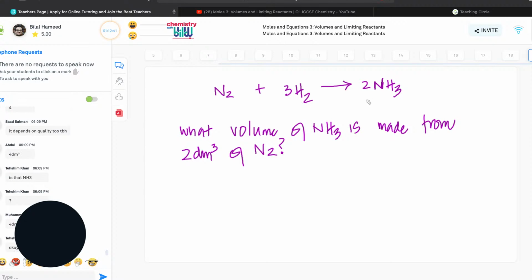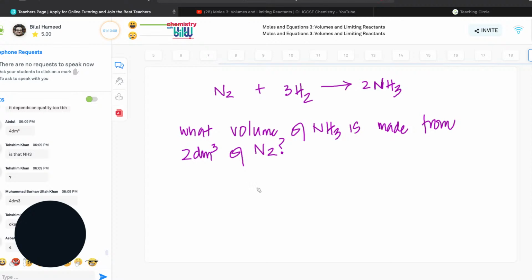N2 plus 3H2 gives 2NH3. For those of you who got it, this is 4 dm cube.